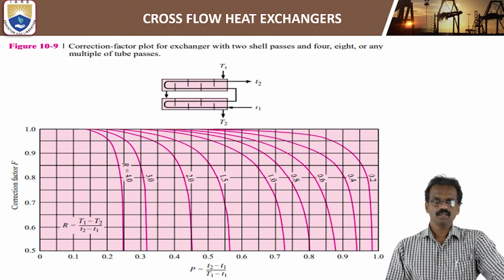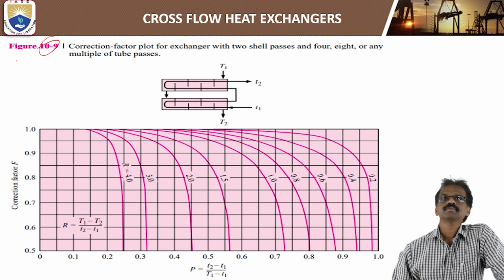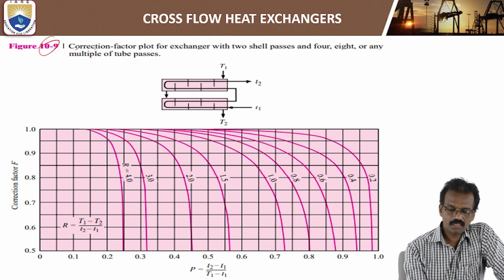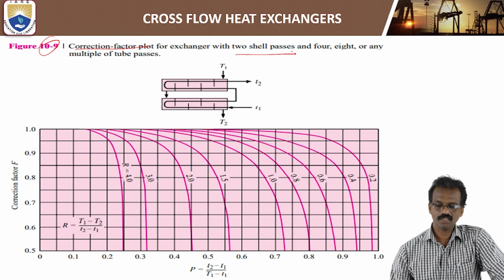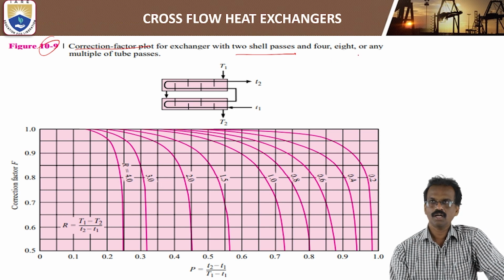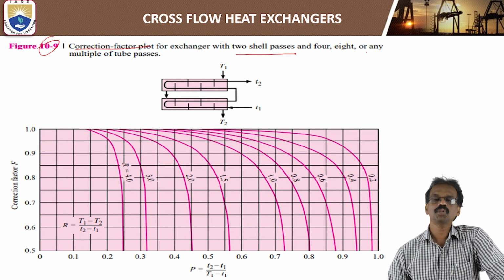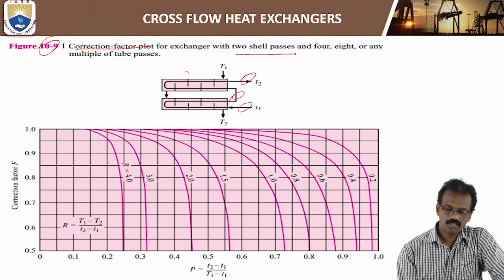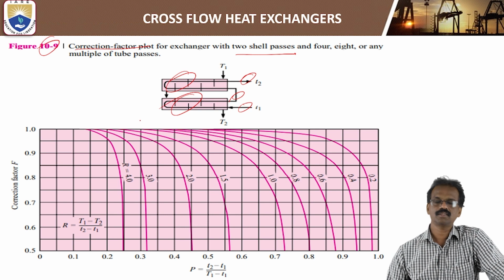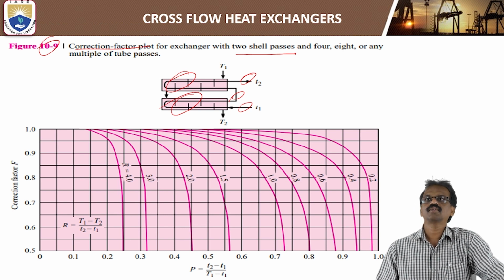This is figure 10.9, the correction factor for two shell passes. Here two shells are there, and 4 or 8 or many multiple tube passes. This is one shell, this is the other shell, so two shells and many tube passes.